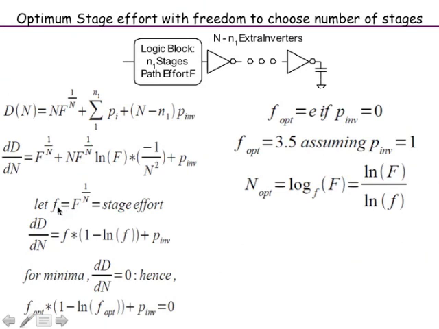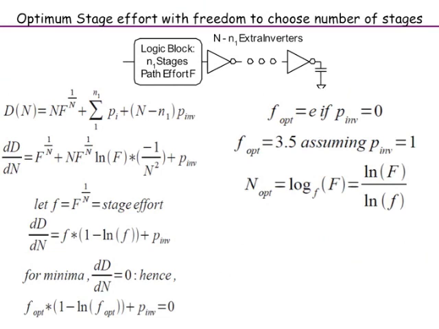You know that f opt to the power of n is equal to the total effort. So n is log of the total effort to the base f, because f opt to the n is capital F. That is how you size, where the effort of everyone is E. It's independent.